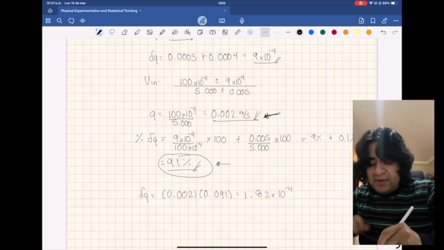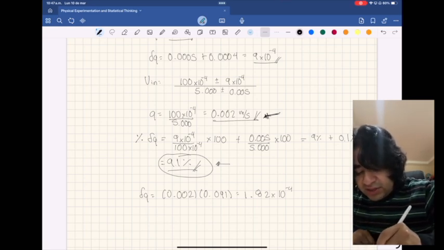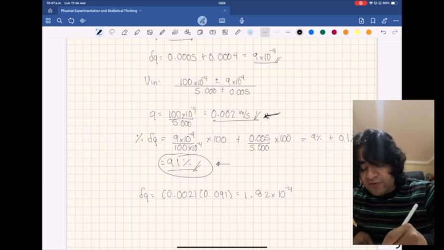And this will give 1.82 times 10 to the power of -4.